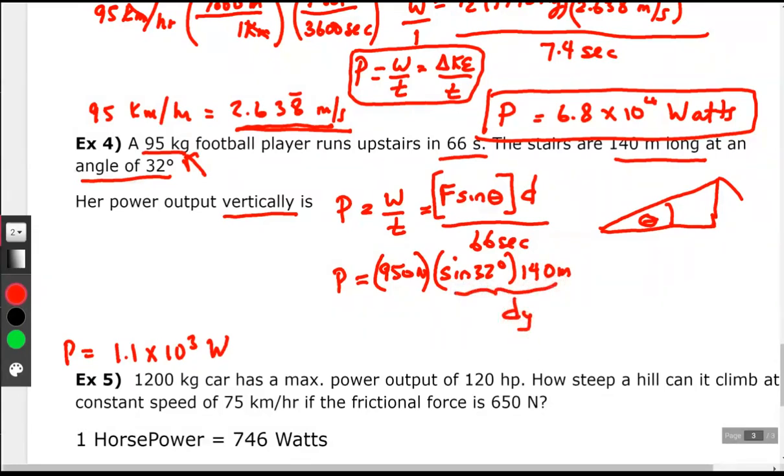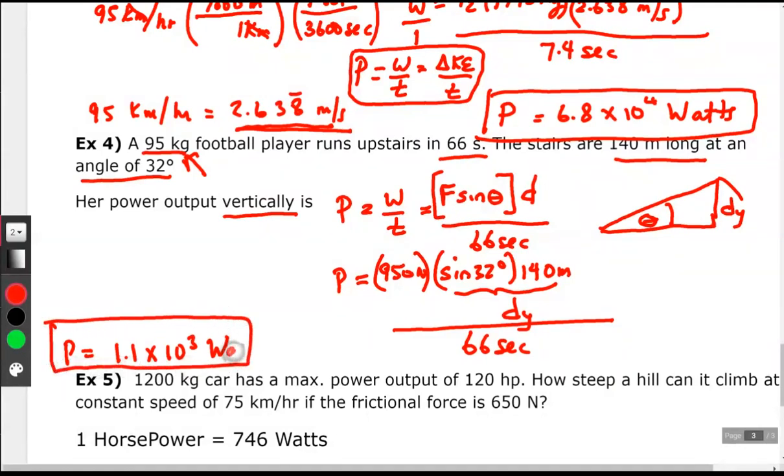If you want to find his vertical work, what is his vertical displacement? Sine 32 times 14 is his dy. So there you go, all of that divided by t, which is 6.6 seconds. So output vertically is just accounting for the dy. That's the dy in the work. Sine 32, 14, that was given, and that turns out to be this many watts.